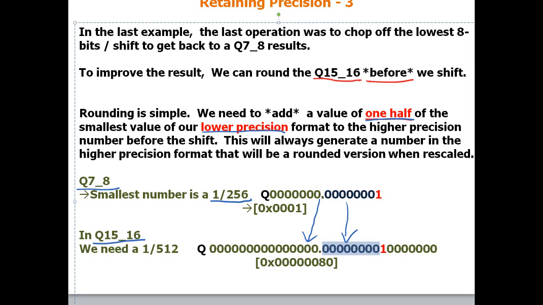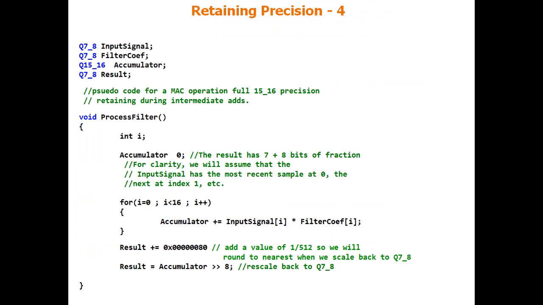And here, this is a 0001. This is lots of zeros, 80. So you know these numbers ahead of time. You can figure out what that number is. And then in your code, I have the exact same code here, except that before I do the shift, I add this magic value. In this case, Q7.8, the smallest number I can represent is 1 over 256.